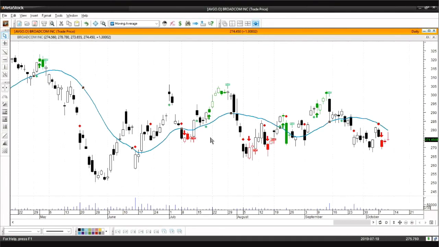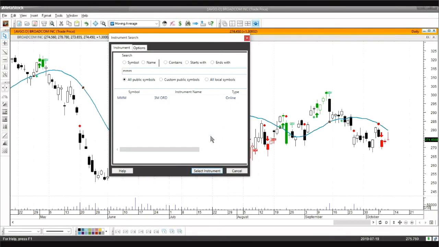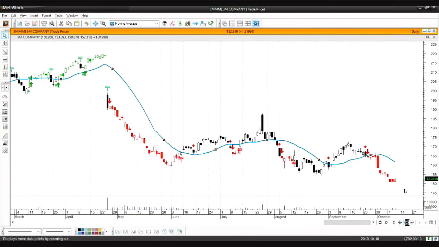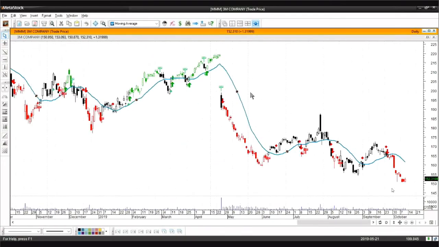I don't know, some major Dow components like 3M, for example. Let me zoom in here. So again, when you have a slope in place, okay? So here's another great example. This might have been off an earnings announcement.